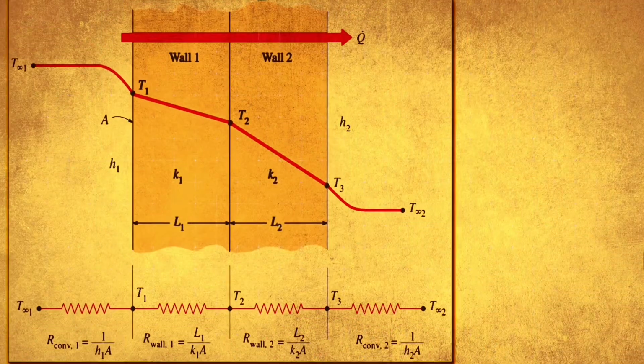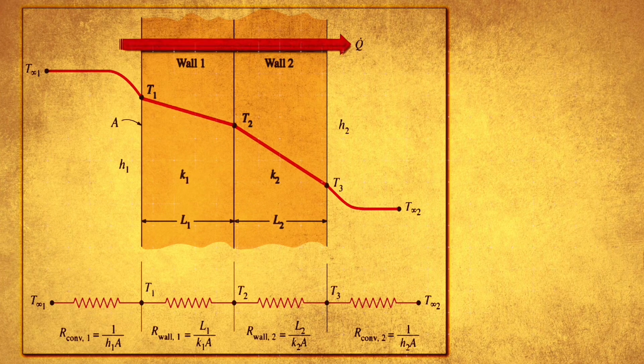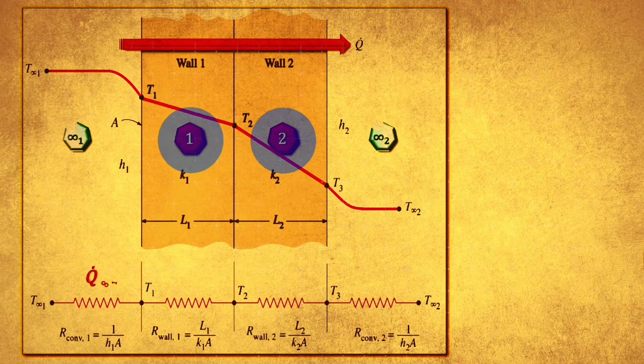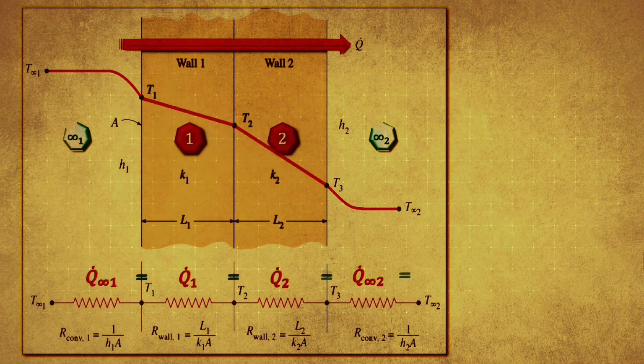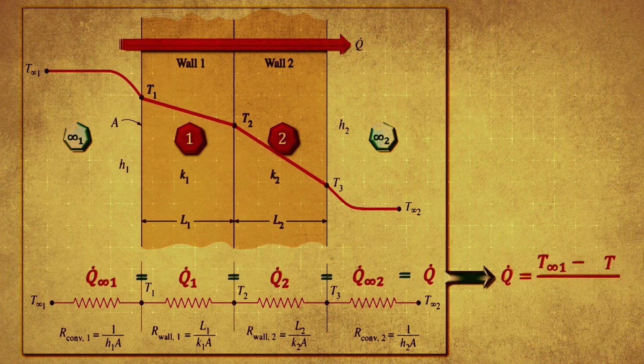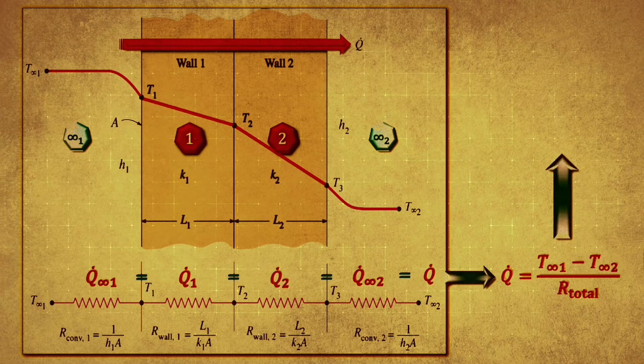Consider a two-layer plane wall subjected to convection on both sides. The subscripts 1 and 2 indicate the first and the second layers respectively. We could also obtain this result by following the approach already used for the single layer case, noting that the steady heat transfer rate through a multi-layer medium is constant.